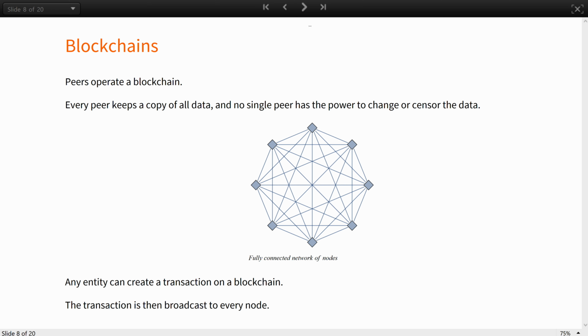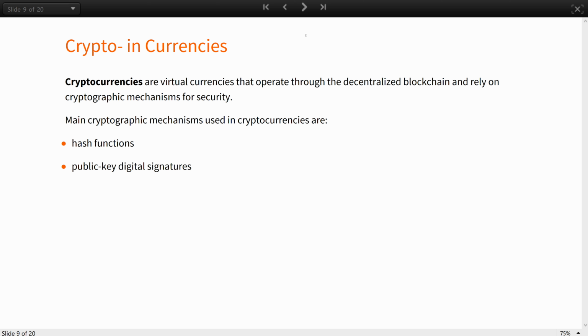The number of copies makes the blockchain slower than a regular database, but it has the advantage of independence from a single authority and is constantly verified and updated by all the computers in the network. Cryptocurrencies are virtual currencies that operate through a decentralized blockchain and rely on cryptographic mechanisms for security.